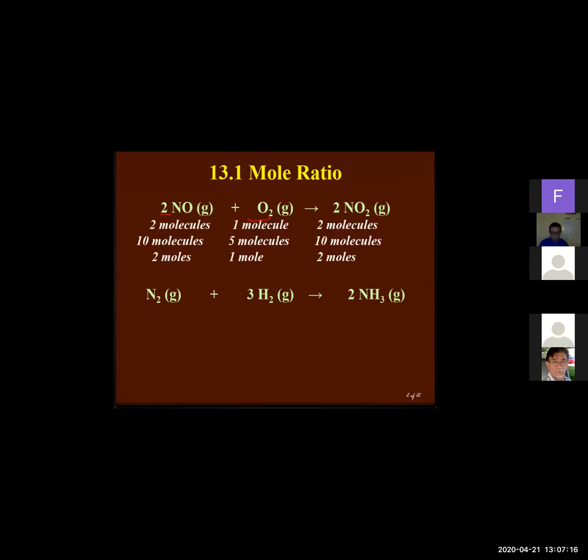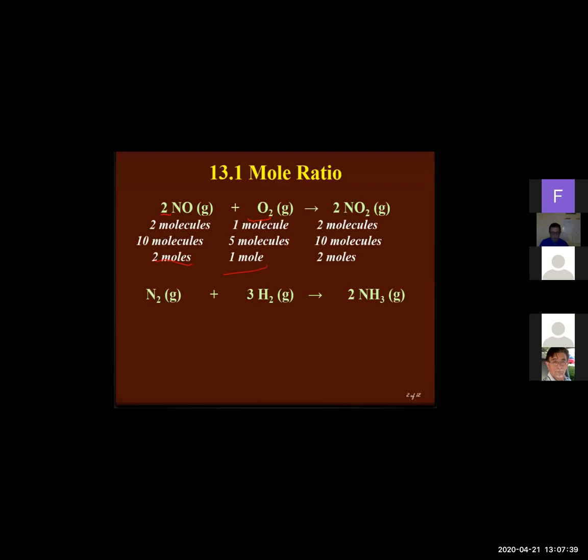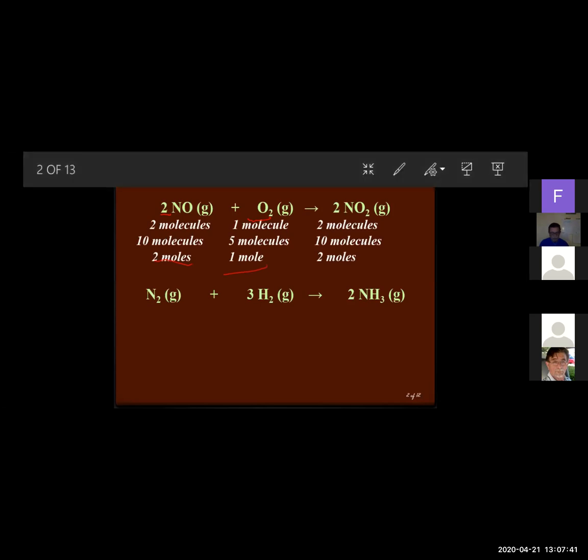So we can say that I require 2 molecules of NO for every 1 molecule of oxygen, or going back to using moles, if I have 2 moles of NO, I need 1 mole of oxygen. That's a relationship. Now, not only that, we can look at the product.